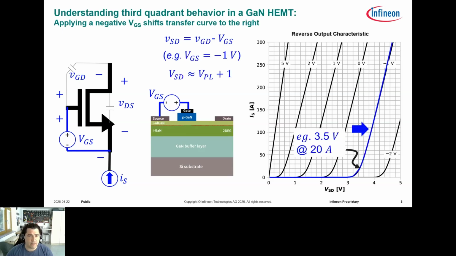So let's say we apply -1. Now the VSD is going to be actually 1 volt higher than VGD. So for that same condition before, 20 amps, instead of 2.5 volts, it's 3.5 volts.